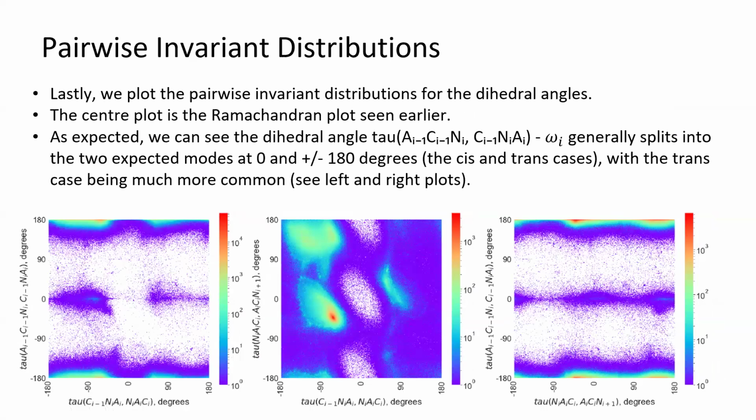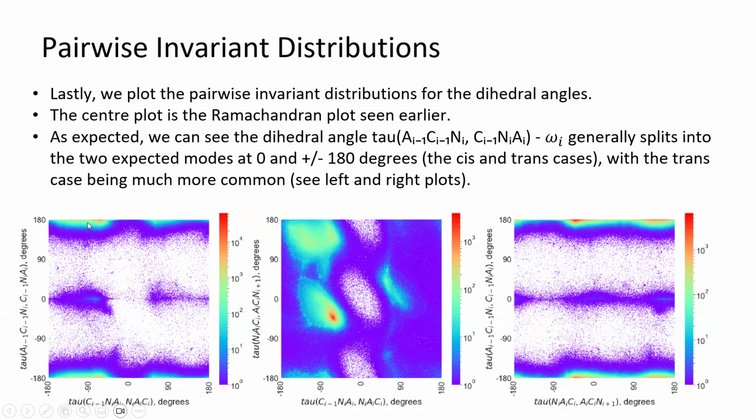And then lastly, we've got the dihedral plots. We've got the Ramachandran one that we already showed in the middle, and there are 2 other ones with the 2 other possible combinations. We can see from these as well that we've got this feature of the omega angle, where it generally goes into 2 expected modes at 0 degrees, and then we've got this discontinuity, which Olga mentioned, at plus or minus 180.